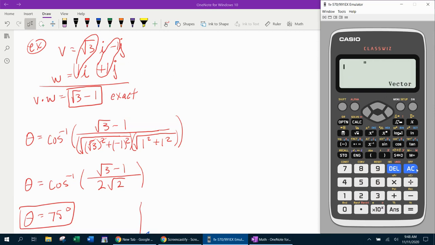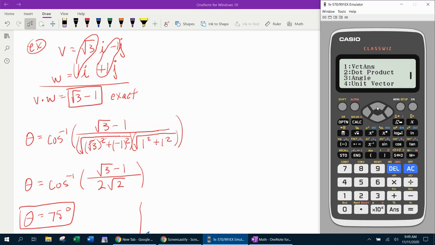So if we hit the clear button and then option, you're going to see you can define, edit, or access any of the vectors you have defined. If we hit the down arrow, it's going to allow us to do the dot product and find the angle between two vectors. So let's do the dot product first.